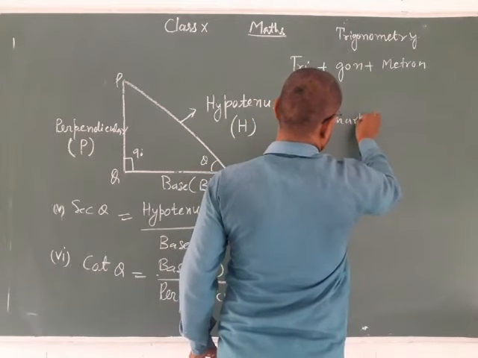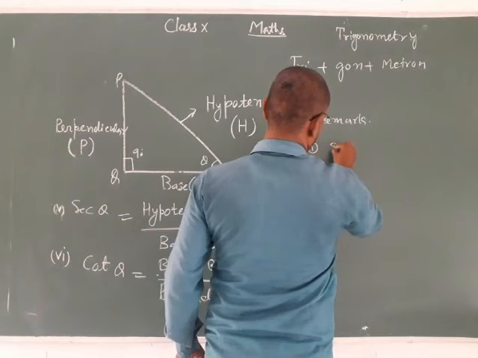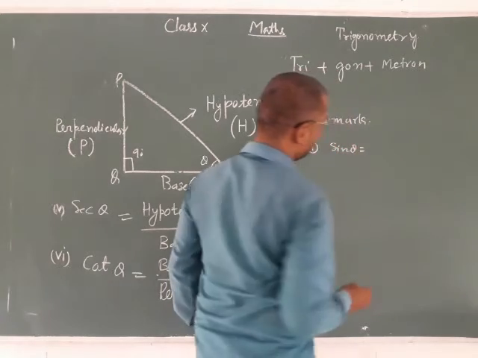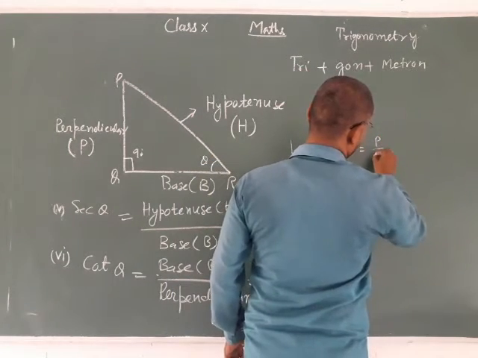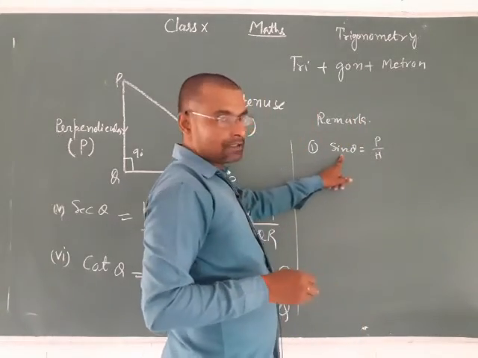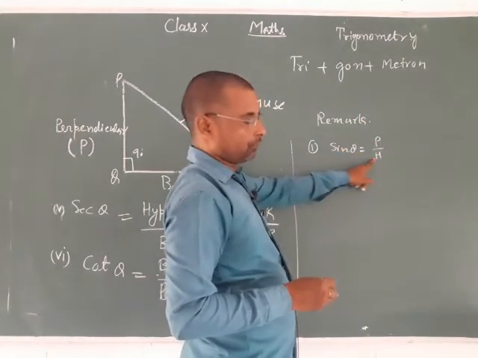Remark: first, sin theta is equal to P by H, perpendicular upon hypotenuse.